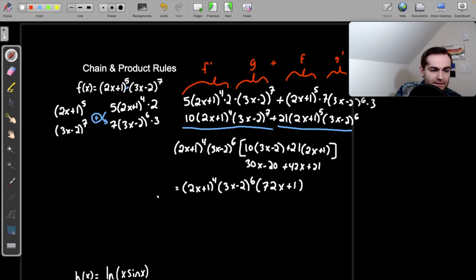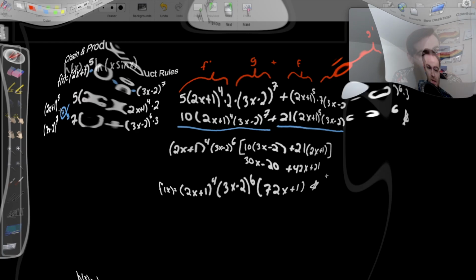And that is f prime of x. Sorry, it looks a little ugly at the end. But that is completely simplified. So depending on your teacher, depends on what they'd accept. My kiddos, I would accept this. But again, that kind of depends on your teacher.